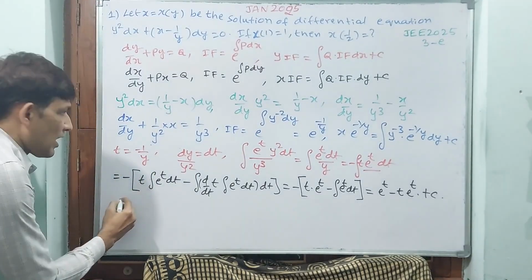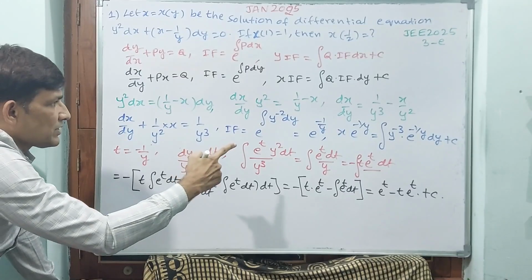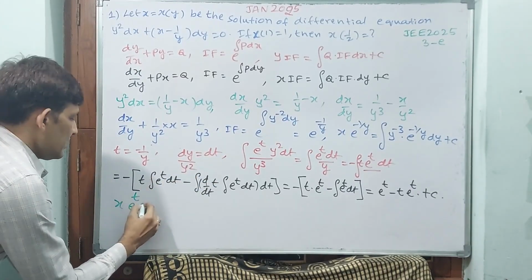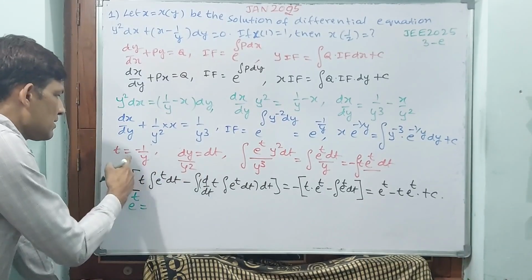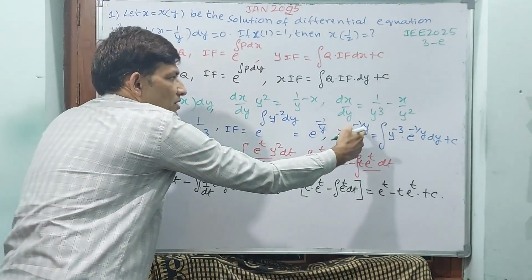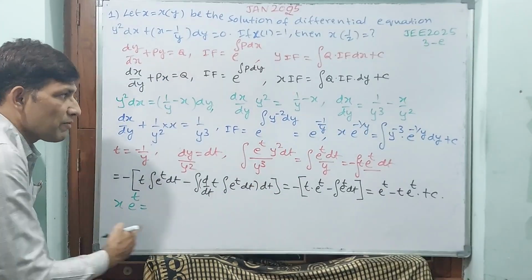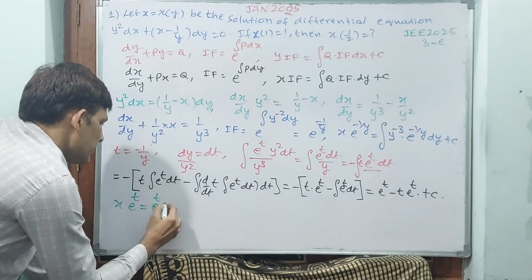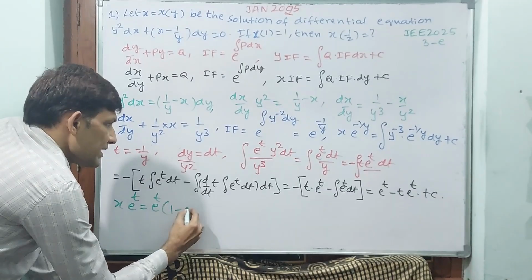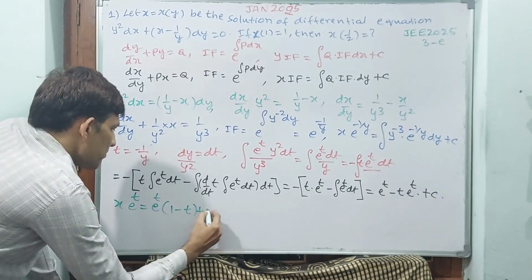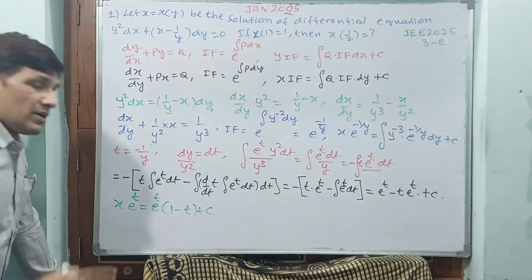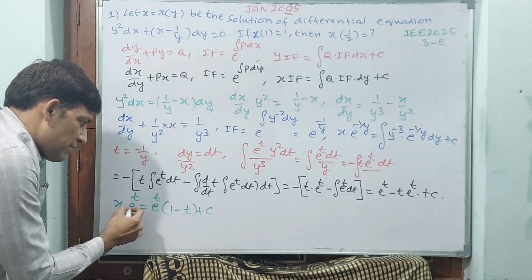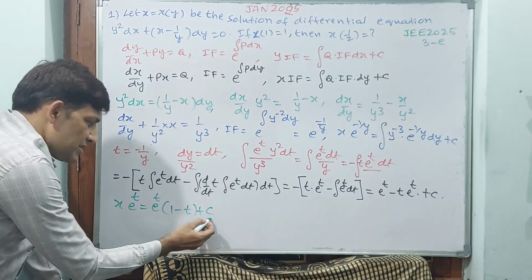E power t you take common, that means see here what I want to say, x into e power t is equal to, see why, because see t is equal to minus 1 by y, minus 1 by y we have taken as t, that is why x into e power y is equal to this integration, what it has become, e power t you take common 1 minus t plus c. See here what will happen, e power t here cancel out, but here it is going to become division.